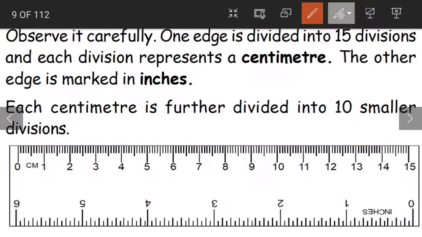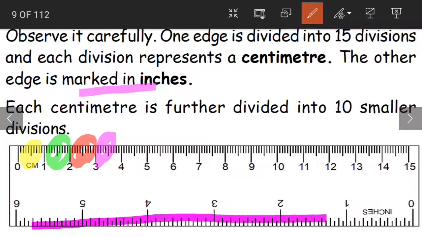Now each such division represents a centimeter. That means this is 1 centimeter, this is 1 centimeter, this is 1 centimeter, and so on. So all these divisions represent 1 centimeter. The other edge is marked in inches.